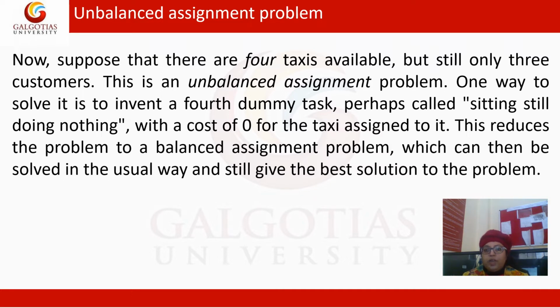So one way to solve it is to invent a fourth dummy task, like sitting still doing nothing. We will add the fourth dummy task with a cost of 0 for the particular taxi which has been assigned.